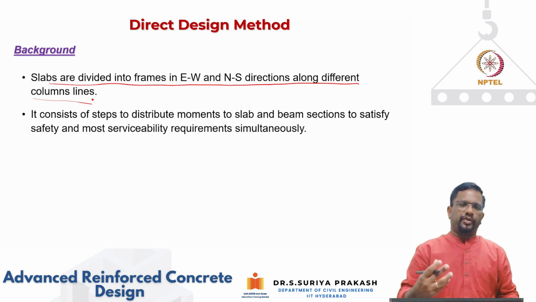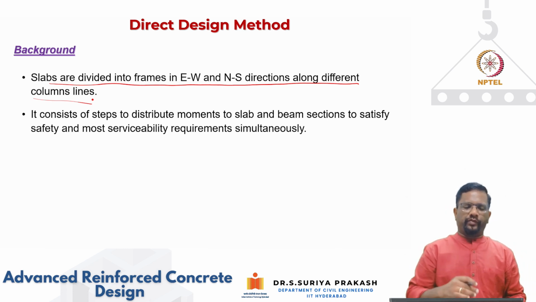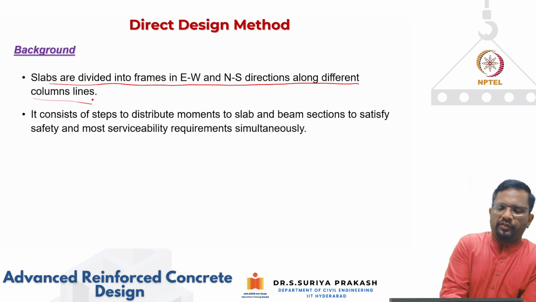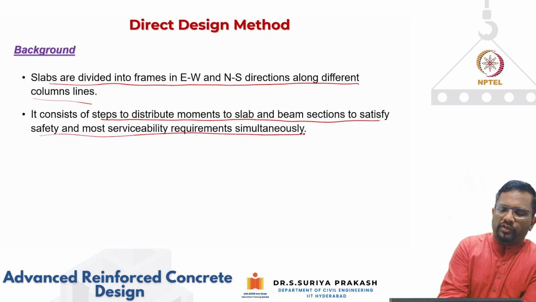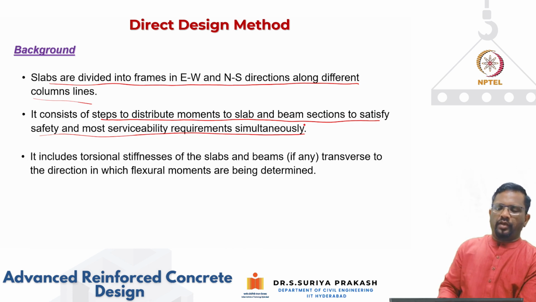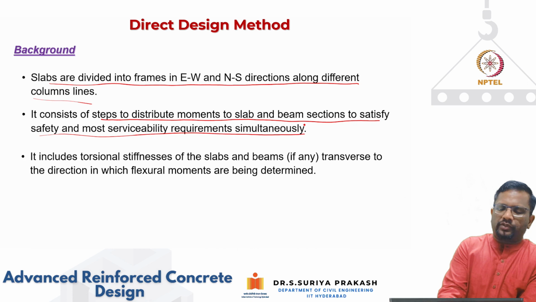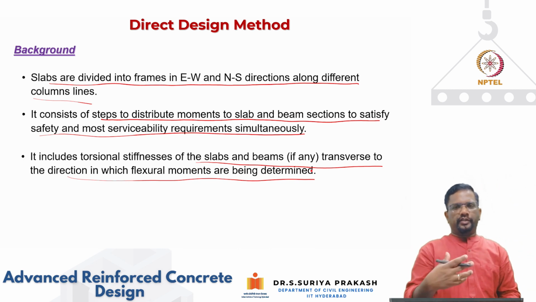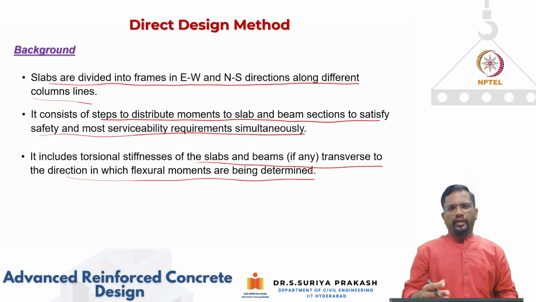Now, what are the components that are going to be part of the frame, we will talk about that. The next step is that this method gives you steps to distribute the moments to slab and beam sections to satisfy safety and most serviceability requirements simultaneously, which we have already seen. It also includes the torsional stiffness of the slabs and beams transposed to the direction in which flexural moments are being determined, which I will explain in the coming slides in graphical form.